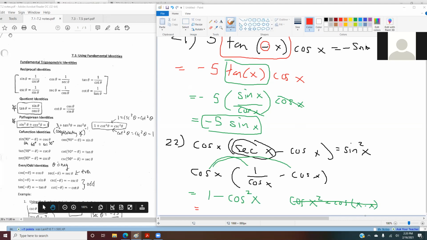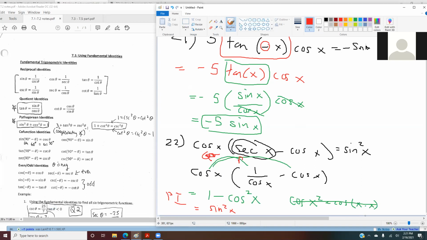So this is using the Pythagorean identity, PI. So this is actually sine square x. Okay. So please, in the test, you do not need to write down Pythagorean. You can just write PI here. And you can write QI here, RI, which is reciprocal identity. So I understand it. So you do not need to write the whole full thing.